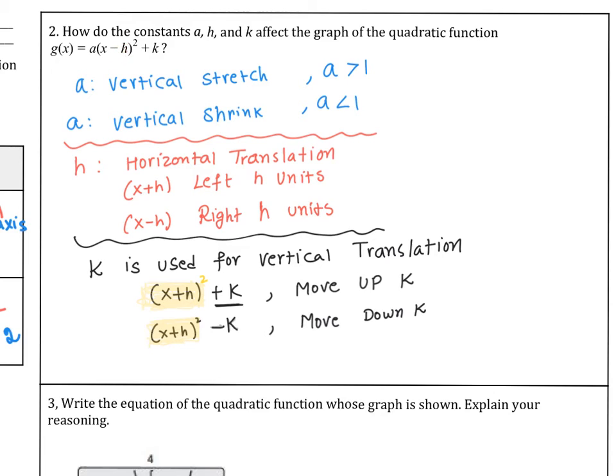For the h inside, if it is plus h inside, then you're going to move left h units, and if it is negative h, then you're going to move h units to the right. The k is used for vertical translation, up or down. So if it is plus k, then it's going to be moved up k units, and if it is negative k, then you're going to move the graph down k units.